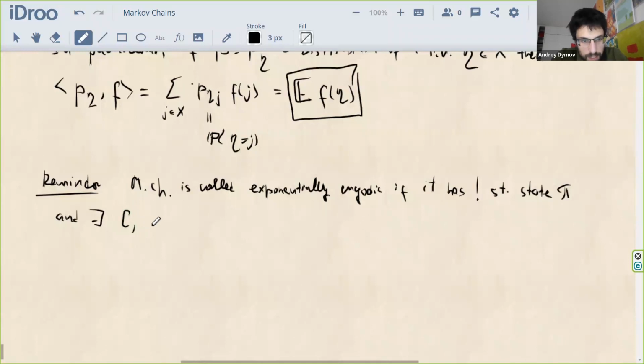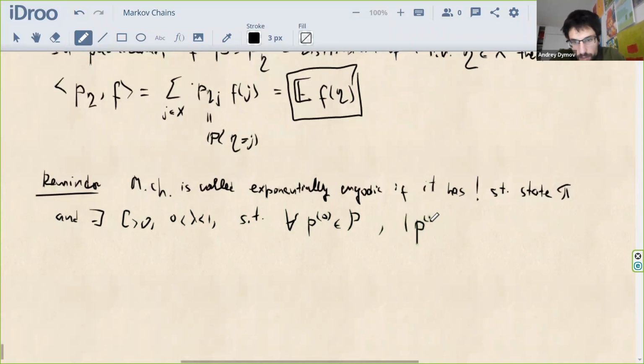More precisely, there exist constants c, which is positive, and lambda, which is between 0 and 1, such that for any initial distribution pi 0, the corresponding distribution at time n has distance from the steady distribution pi, in the L1 norm, bounded by the constant c times lambda to the power n.